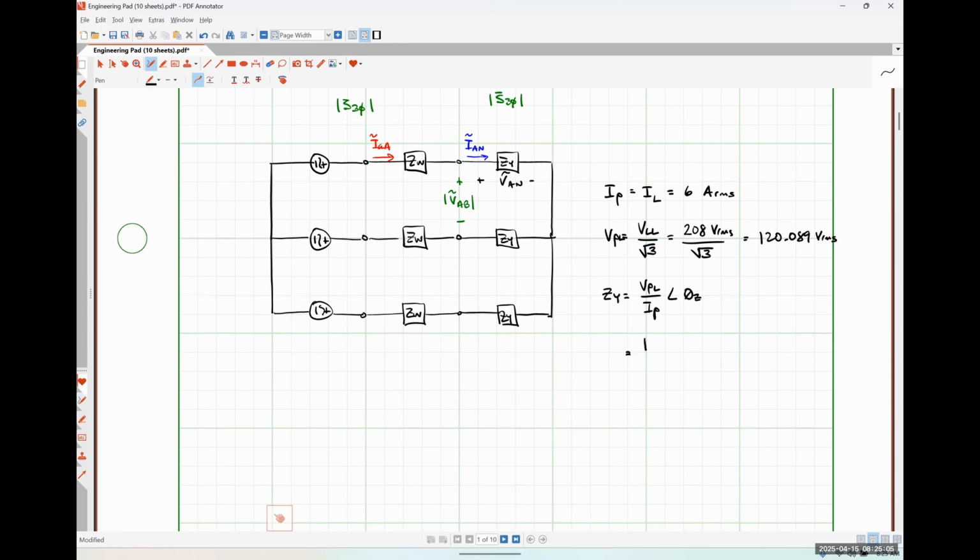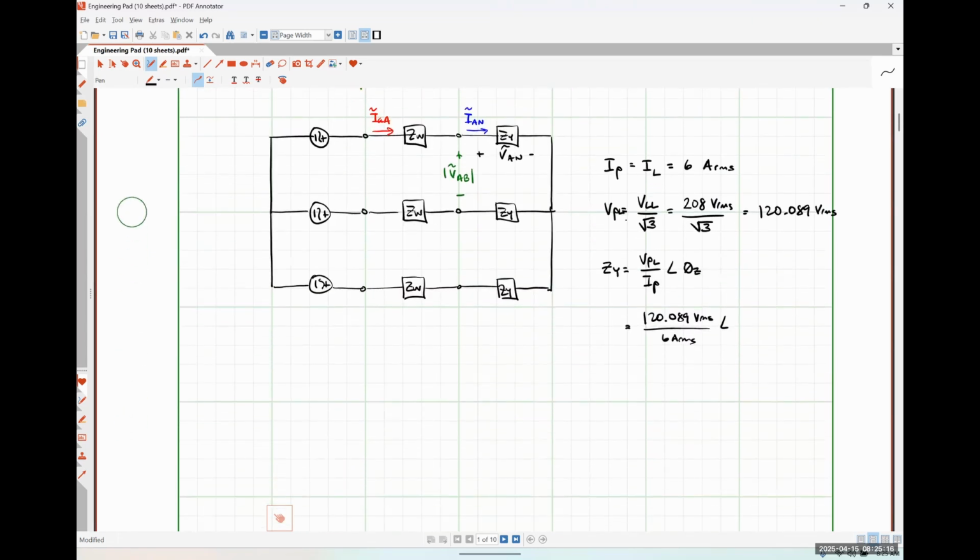So that's going to look like 120.089 volts RMS over 6 amps RMS with an angle of 33.621 degrees.